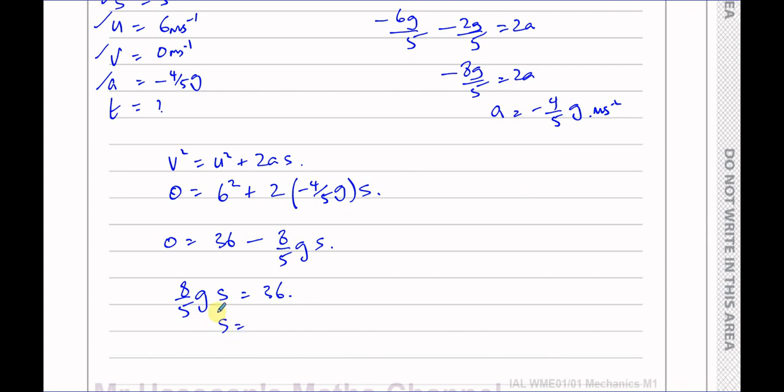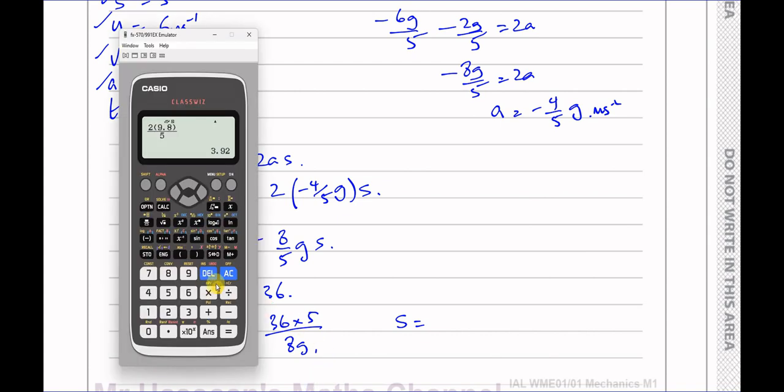So S is equal to 36 times 5 over 8g, and that's going to give me S, which I'll then round to a certain number of decimal places.